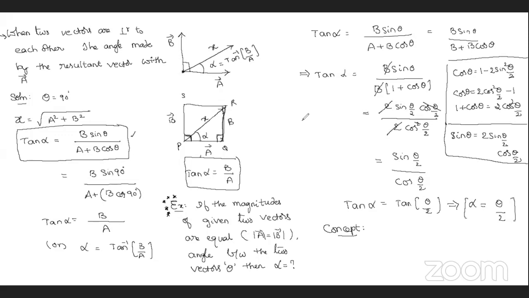Not 90 degrees, not 45 degrees. Suppose two vectors make an angle theta, the resultant exactly bisects the angle: one angle is theta by 2, the other angle is theta by 2.